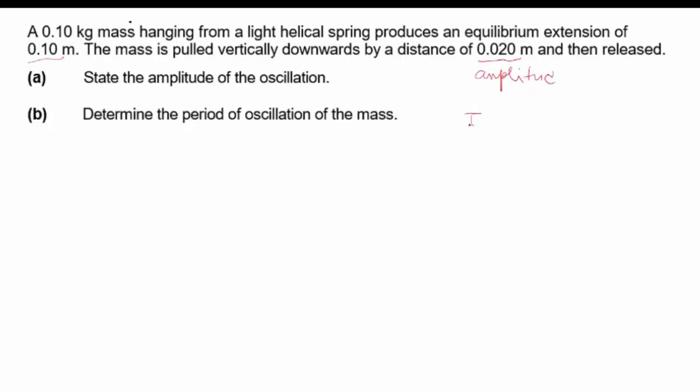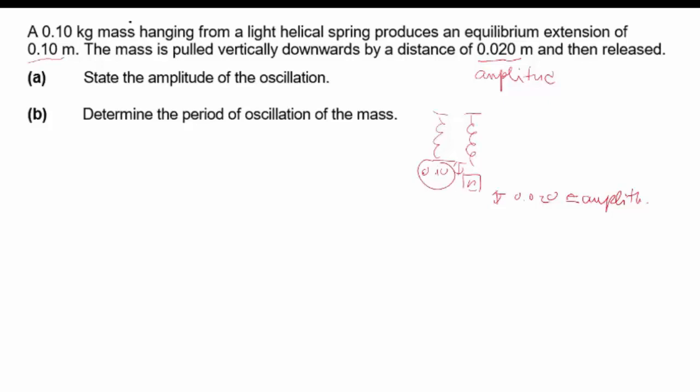The spring is originally like that. You hang a mass there, so it's extended from here by 0.1 meter. Then you pull it further down by 0.02. This is the amplitude, not this one. This 0.1 is not the amplitude.